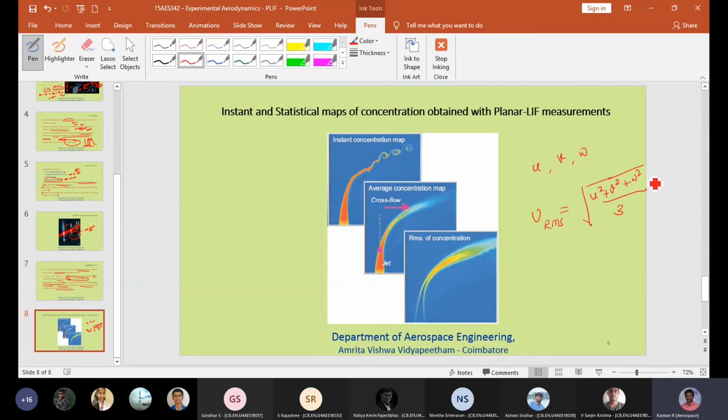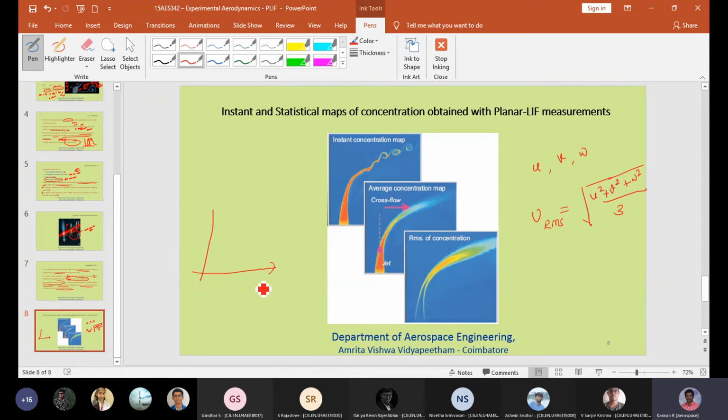Yes, sir, understood, sir. But what I was asking was, why are they using RMS here instead of just finding the velocity? We have the concentration in two directions, the spatial x and y variation, so we need an average component, like a resultant component.